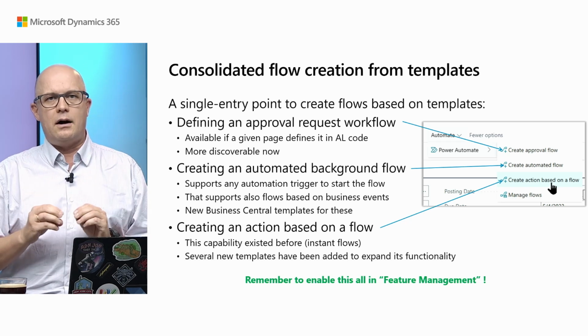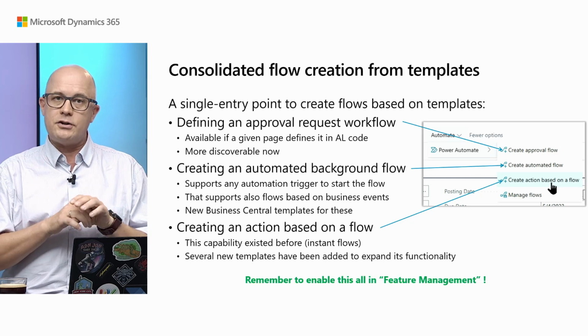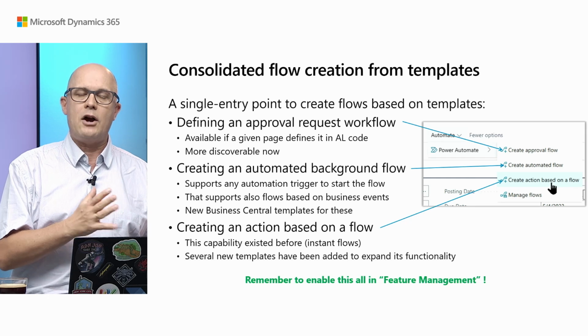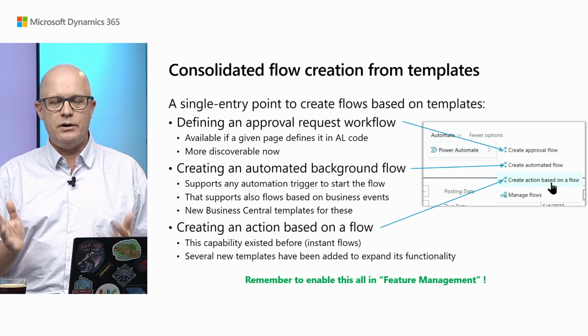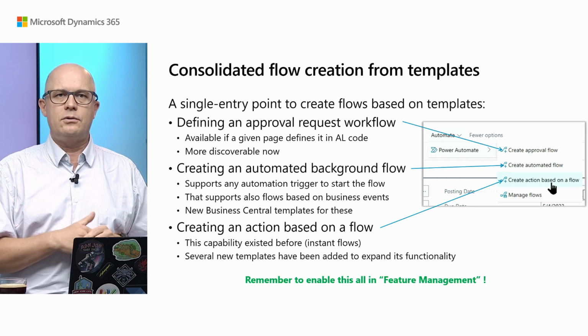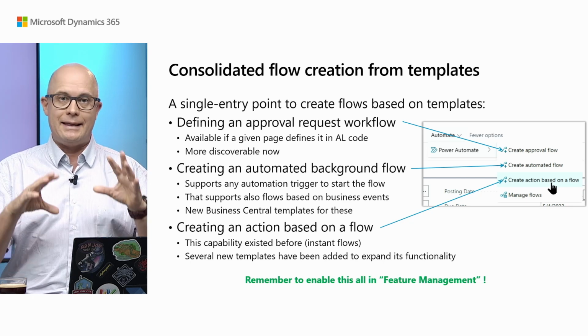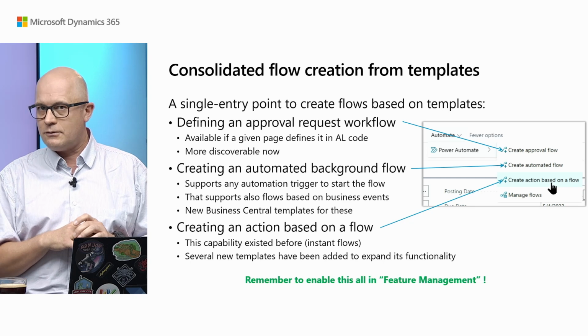All of those are features enabled in feature management. So if you have a Business Central tenant or environment that has been upgraded from a previous version, make sure that you turn on this integration with Power Automate and templates in feature management.